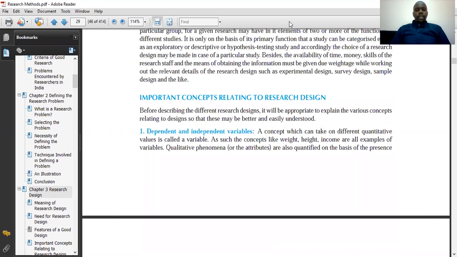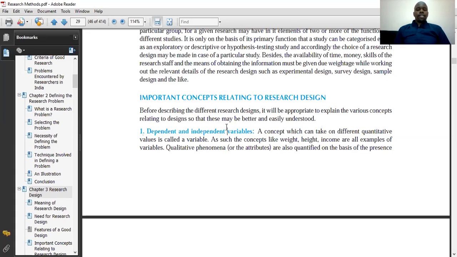Let's begin with independent and dependent variables. So what is a dependent and what is an independent variable? The first thing we need to ask ourselves, what is a variable?